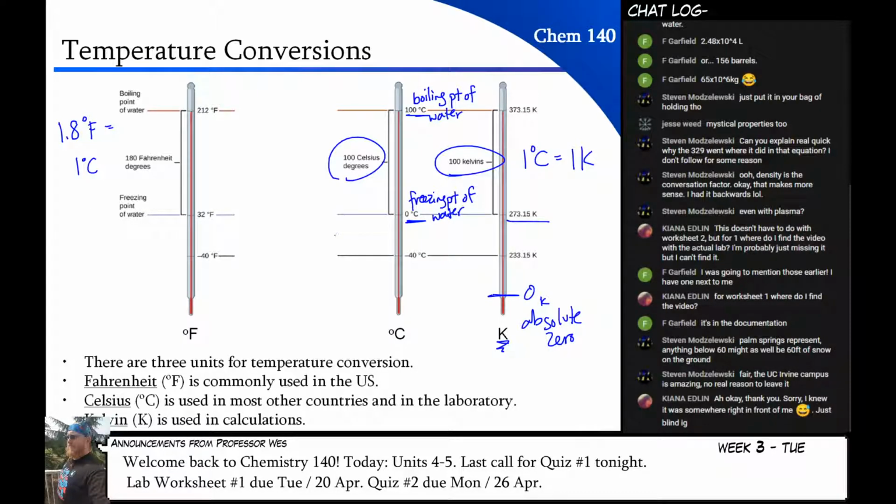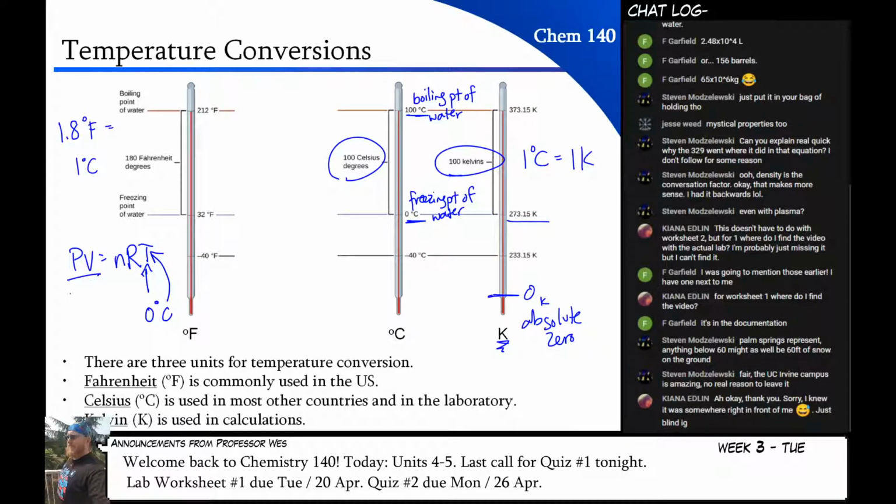And the reason that Kelvin is going to be very crucial for us is because sometimes you have formulas, not in this class, but later on, that have temperature involved. And if you input a reasonable temperature to do an experiment at, and by reasonable I mean you can access it, you can do an experiment at 0 Celsius, that's not hard. You end up killing your equation. Anything times 0 is just going to be 0.